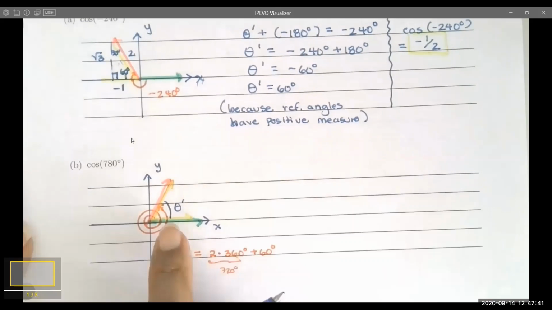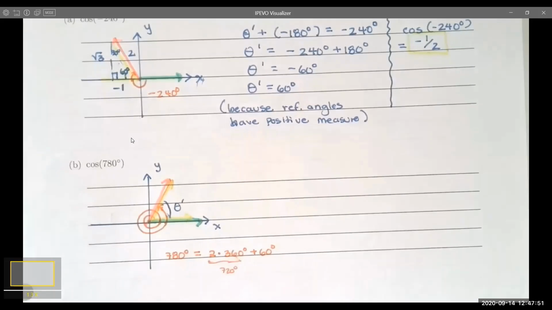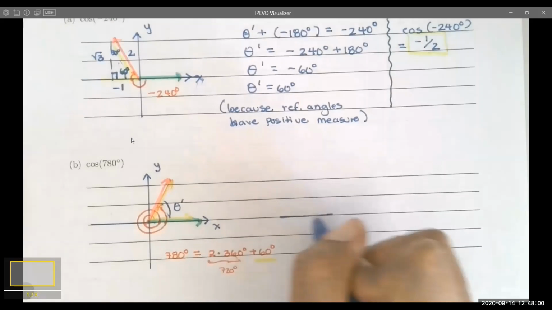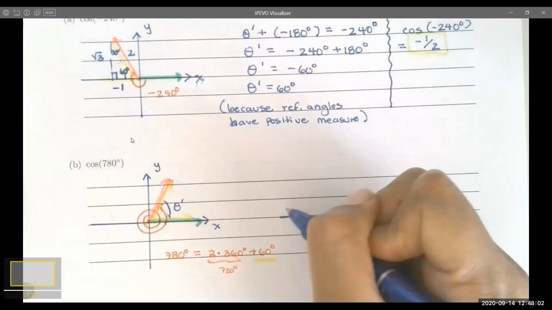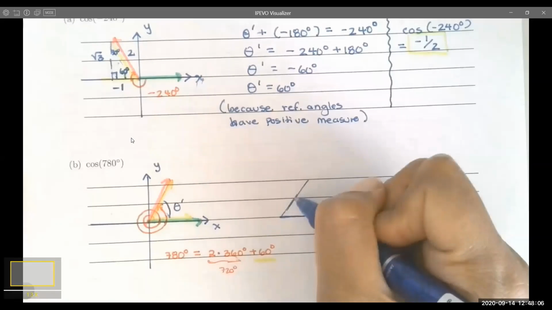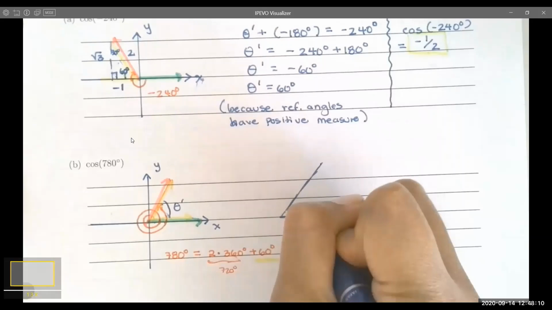Now, how much further did we have to complete beyond the 2 cycles to make it to the terminal side? Because that's going to give us the measure of that angle. Well, that's actually 60 degrees, right? We saw from this calculation. So we have a reference angle of 60 degrees, and just because it seems pretty busy there already, I'll redraw that angle over on the side. This is 60 degrees.